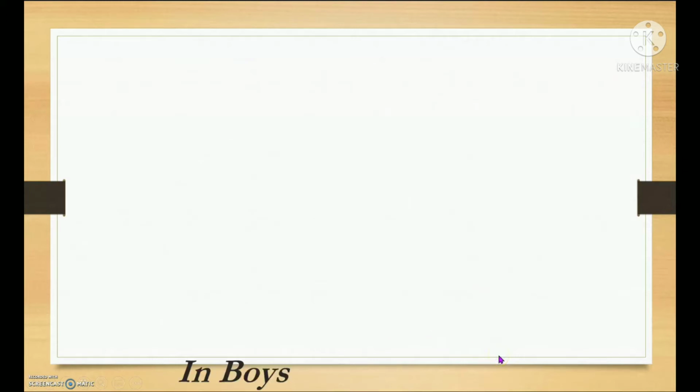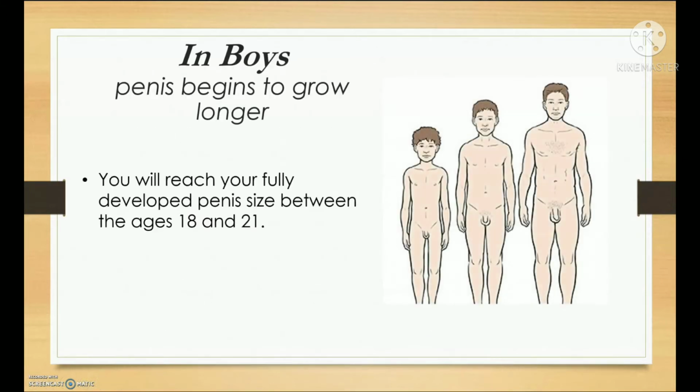Okay, now let's move on to the next slide. Repeat after me. In boys, penis begins to grow longer. Very good. Let's read together. You will reach your fully developed penis size between ages 18 and 21. As you can see in this picture, the first boy is before puberty.